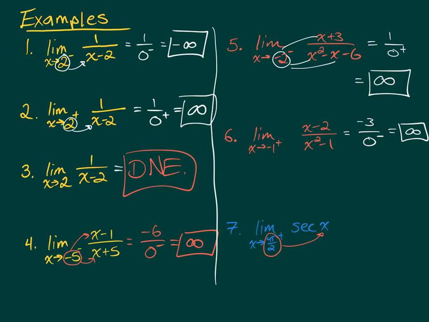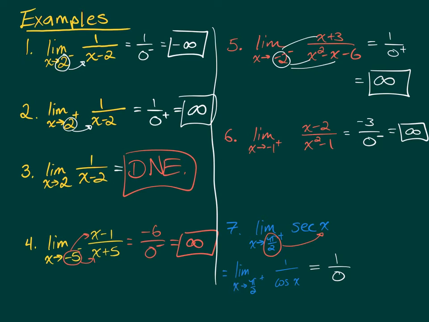If you think of it a little bit differently, if you remember that secant is 1 over cosine x, this will allow you to see that when you substitute pi/2 in for x here, you'll end up with 1/0.